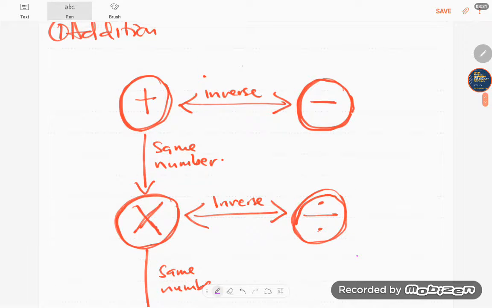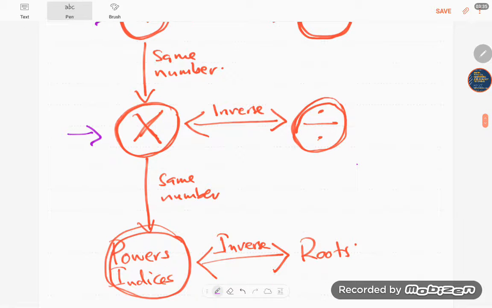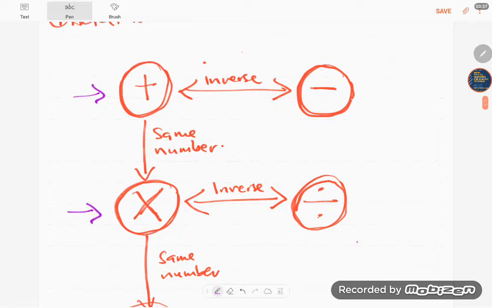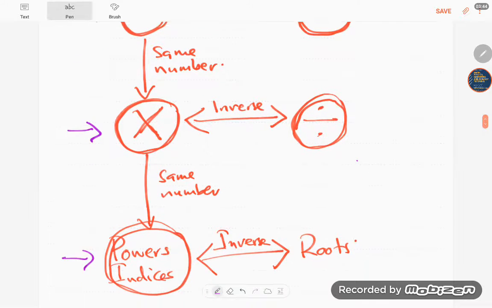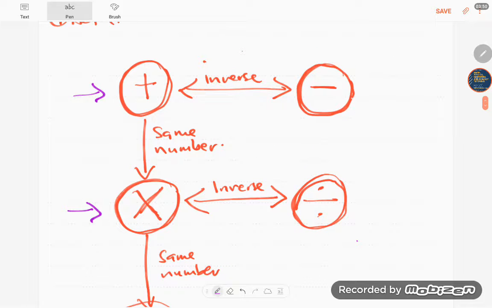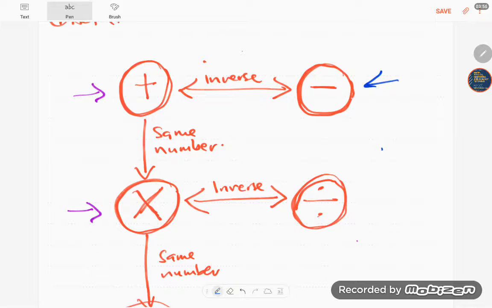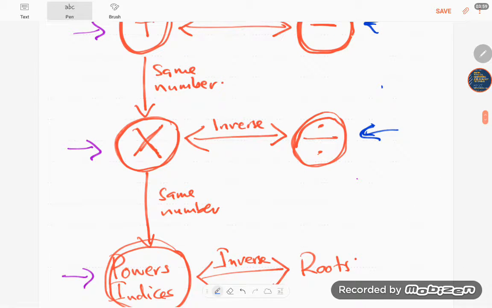Okay, if you notice, I'm going to change the color momentarily. All these operations right here come natural to us. If I ask you what is 2 plus 2, it's easy for you. If I say 2 times 2, again, that's natural. If I say 2 to the power 2, it's easy because you're forward thinking. But if I ask you to do the reverse procedures, which I'm going to use a different color for, it's pretty uncomfortable.